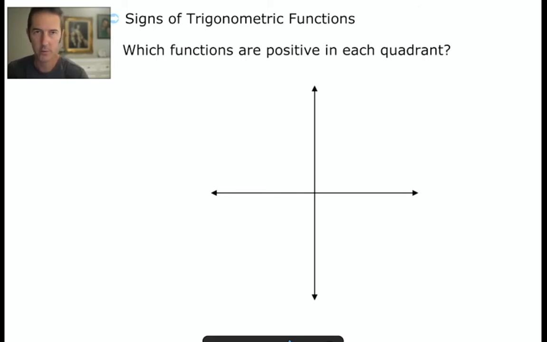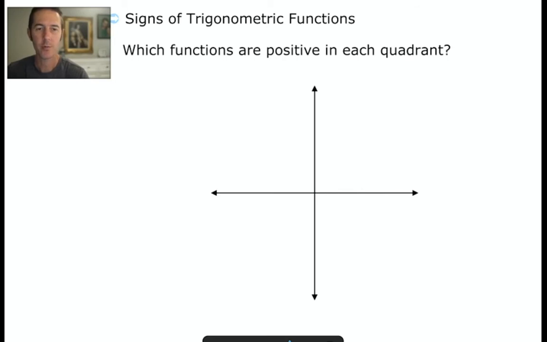And a good sort of consolidated way to remember which functions are positive where is with a mnemonic that some people like that says, all students take calculus, which is not really the truest statement of them all. I've modified it, and I like to say ambitious students take calculus.